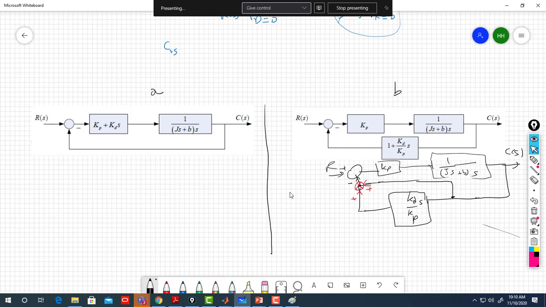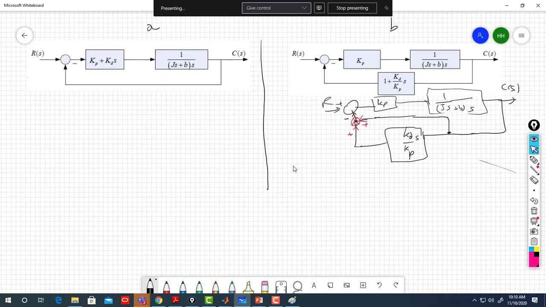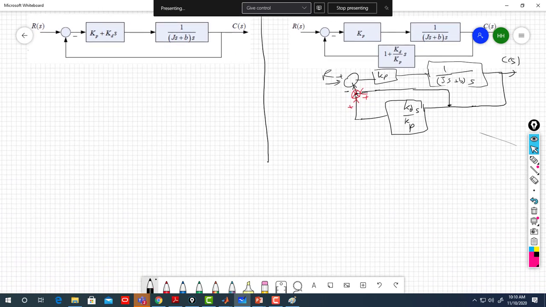Is there any benefit to use the other alternative? Well, we cannot know until we look at the closed loop transfer function and see how this will affect it. So if I find C of S over R of S, it's easy, right? Forward over 1 plus loop.